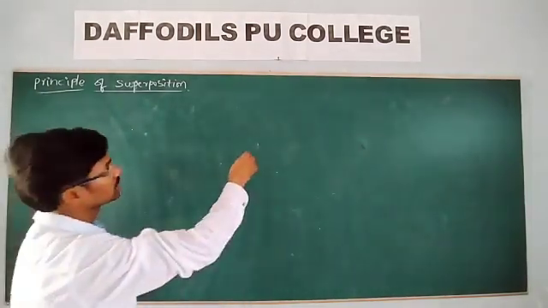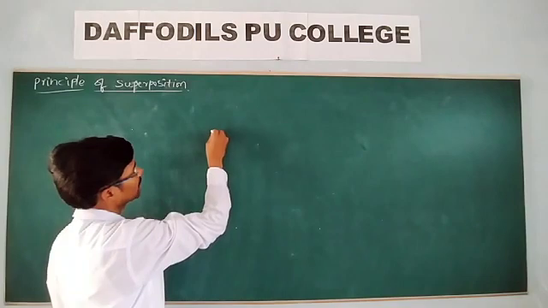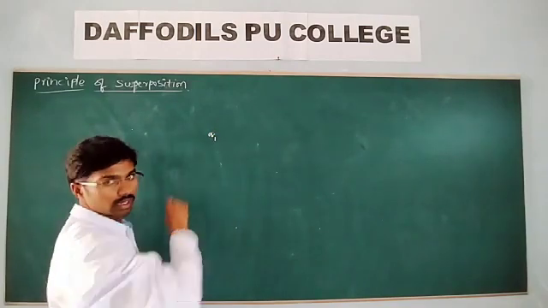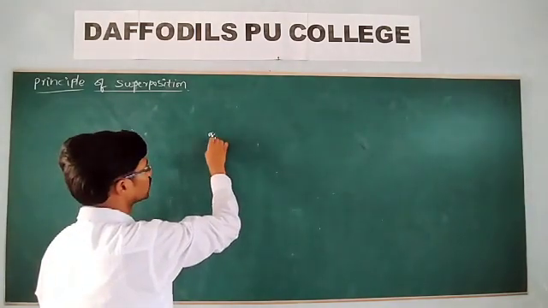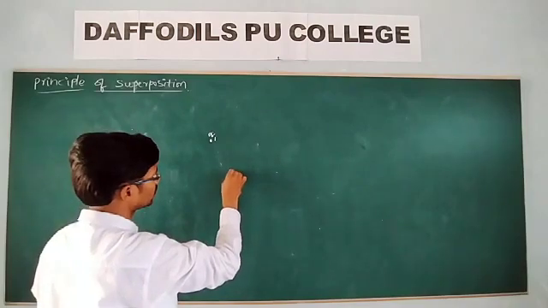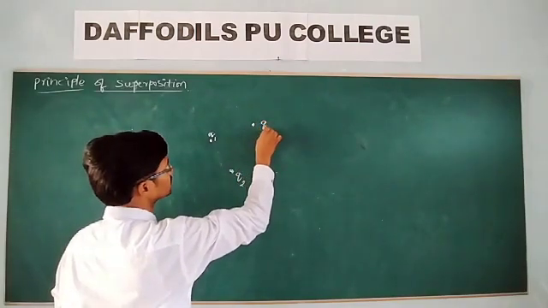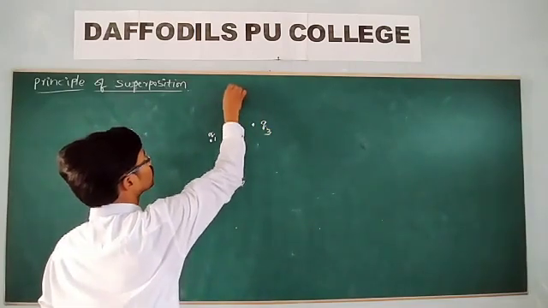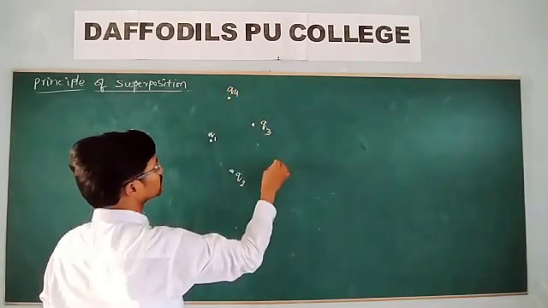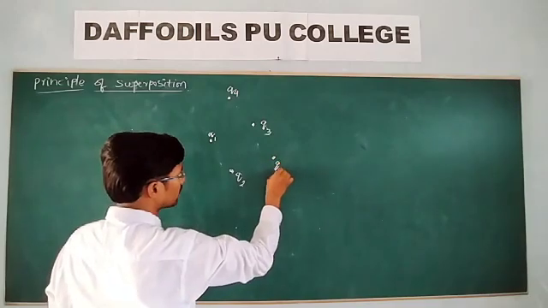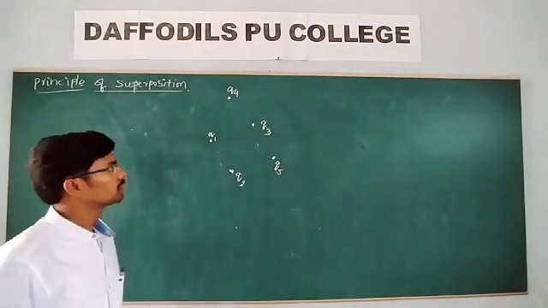Now let me take a number of charges: this is one charge Q1, here we have a charge Q2, here a charge Q3, and Q4 and Q5. A number of charges are there.